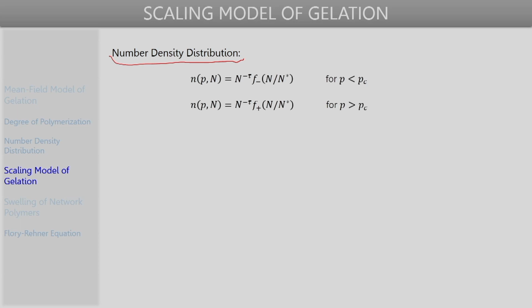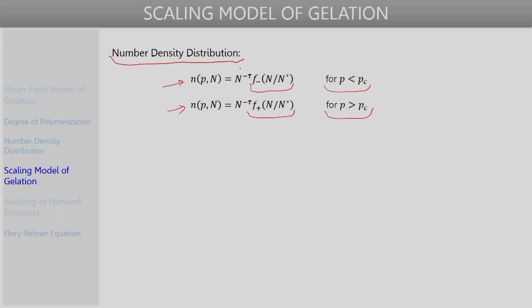Whether we are below the gel point or above the gel point dictates what kind of number density distribution we have, because the cutoff function in the two cases is different in the scaling model of gelation. In the mean field model that we just discussed, the cutoff function is the same whether we are below or above the gel point, but in the scaling model we have different cutoff functions. So, this cutoff function is basically asymmetric across the gel point.